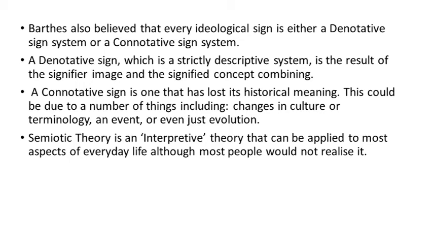A denotative sign is descriptive, the result of the signifier image and the concept combining. A connotative sign has lost its historical meaning, and it gives new meaning from culture or events.